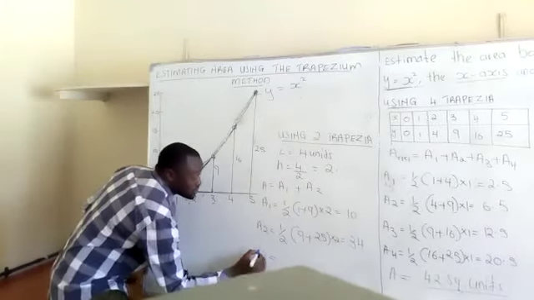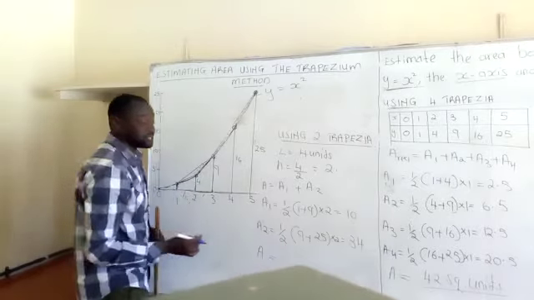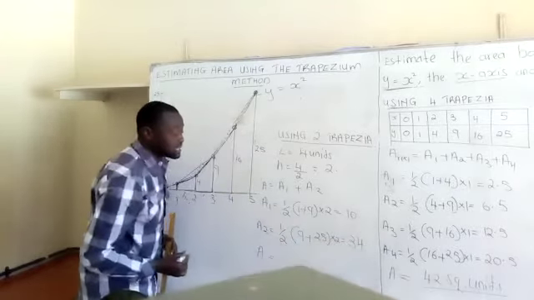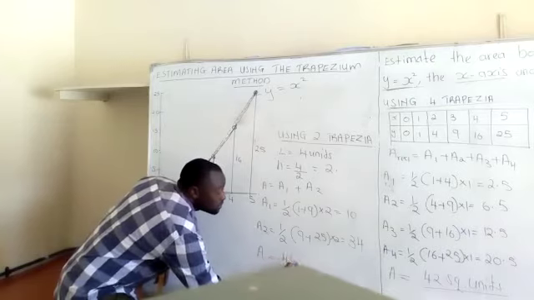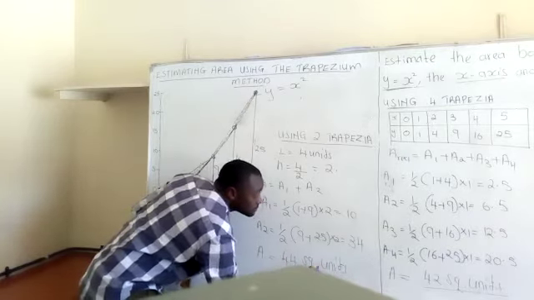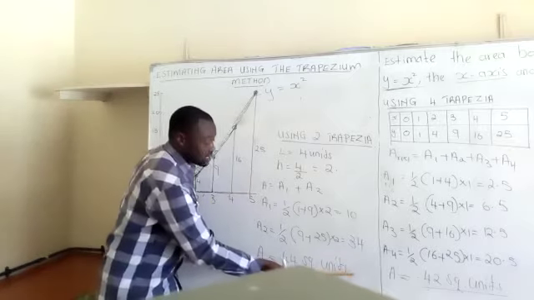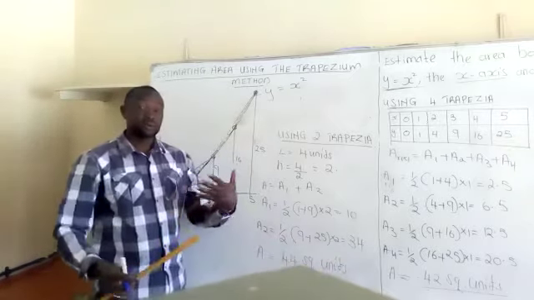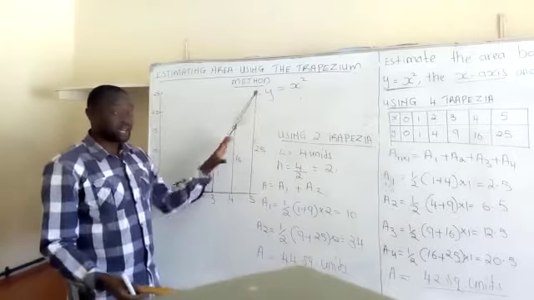And therefore, the total area, when we use 2 trapeziums, will be 10 plus 34, which will be 44 square units. And you'll notice that this 44, later when we look at integration, we'll be looking how to get the exact area using integration.